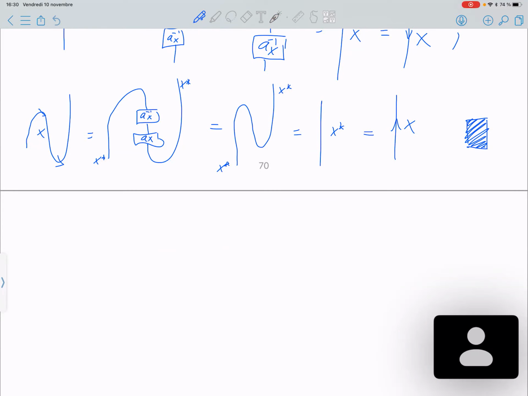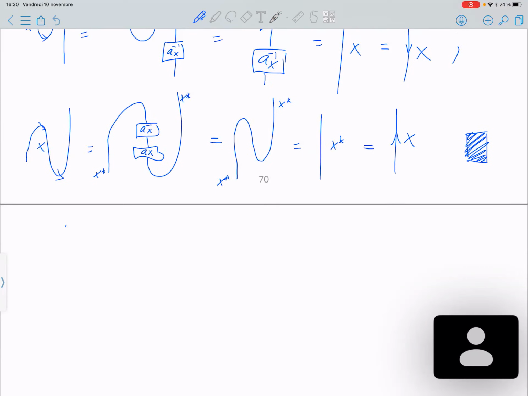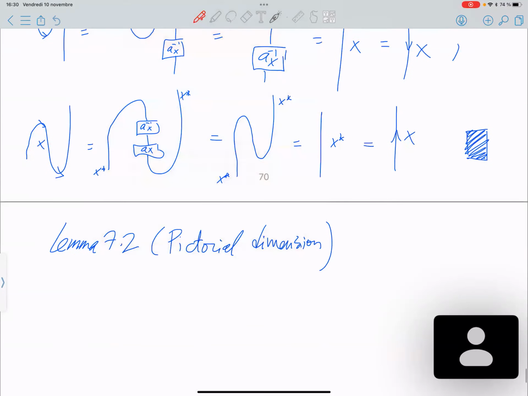We can also provide a simplified pictorial way to depict the dimension. The dimension before was defined using the trace, which was defined using the pivotal structure. But using this oriented notation, you can get a picture for the dimension without depicting the pivotal structure.